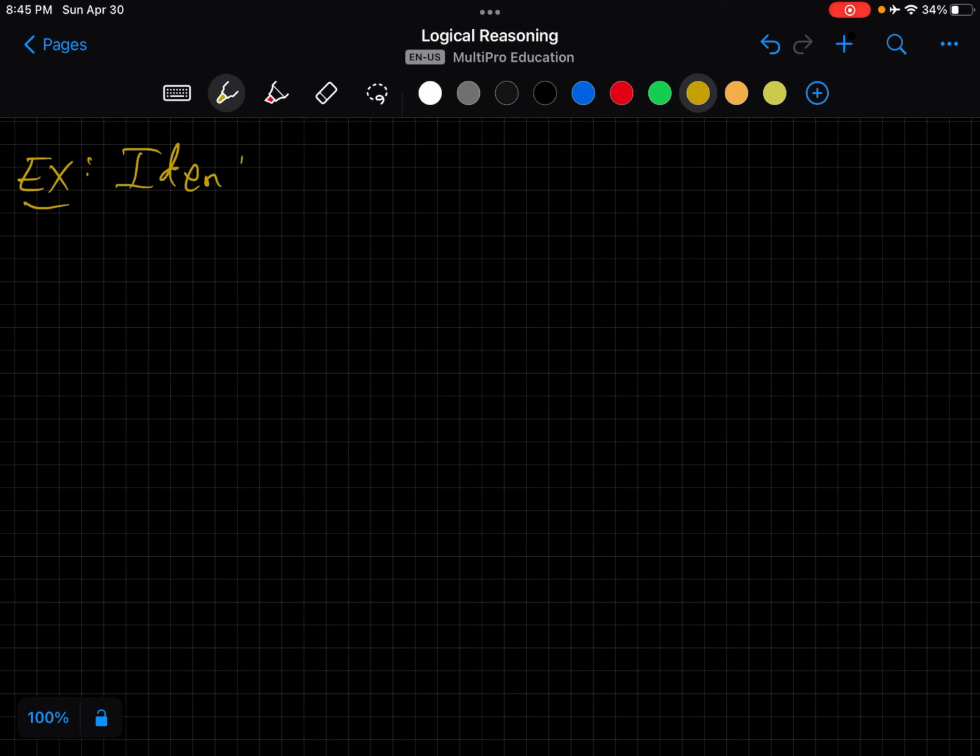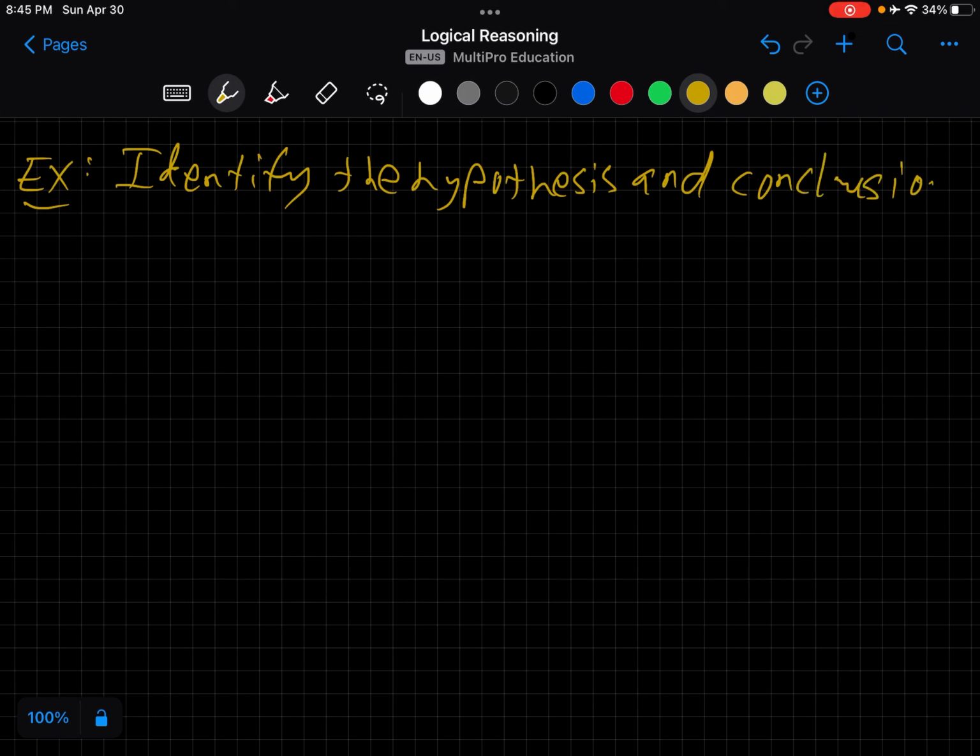Let's identify the hypothesis and conclusion. Get a little funky here. And let's kind of split this into multiple parts.